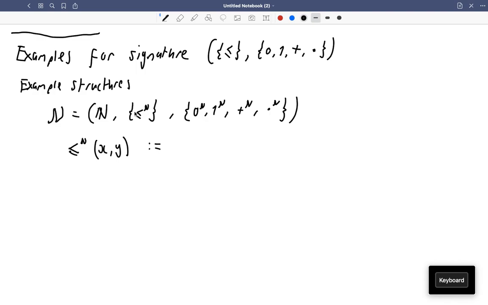So we simply do the natural thing. We say that this is true in the case that x is less than or equal to y, and false if x is not less than or equal to y, which means y is less than x.